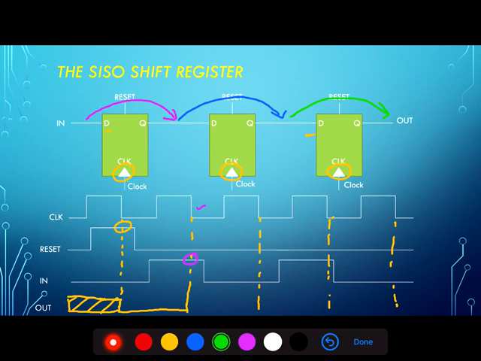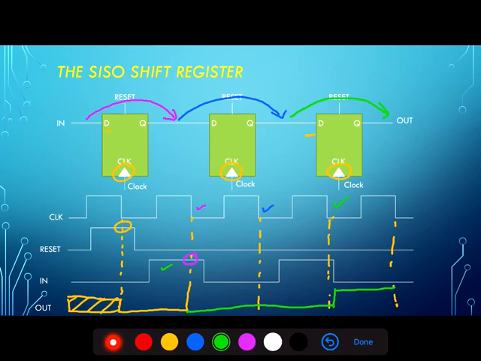So at the second clock cycle here, we'll see the input transfer to the second output, and then on the third trailing edge of the clock cycle, we'll see that value of the input that we had way back here, a 1, finally show up at the output at that trailing edge of the clock cycle here.